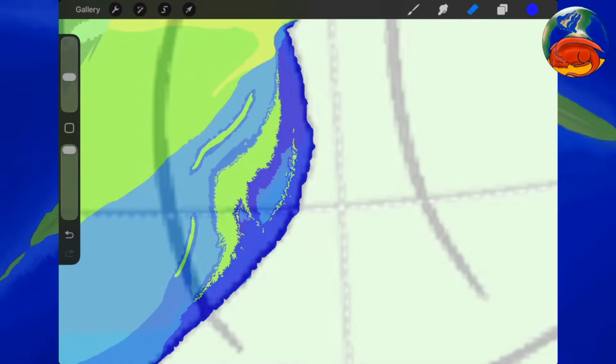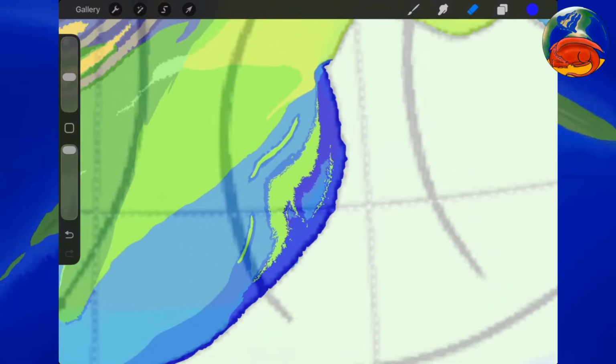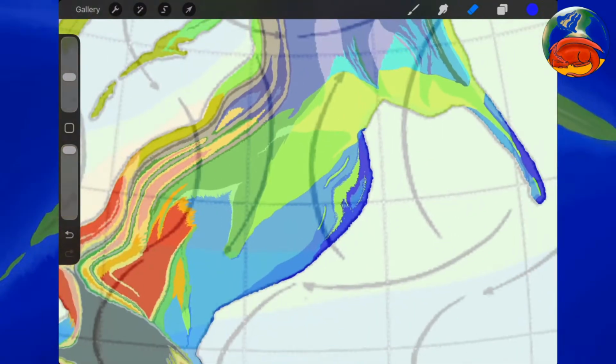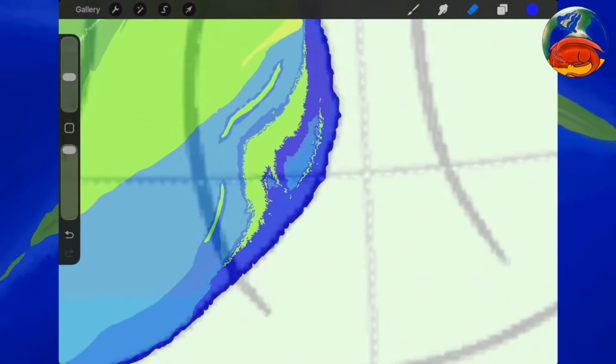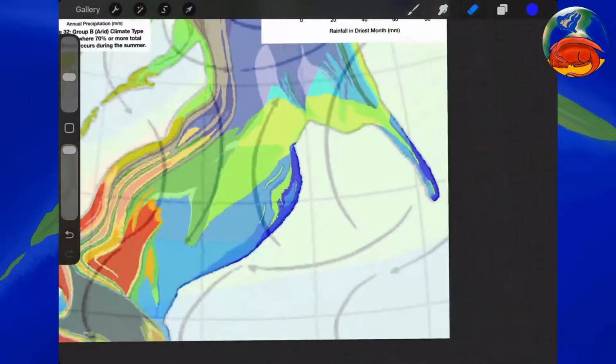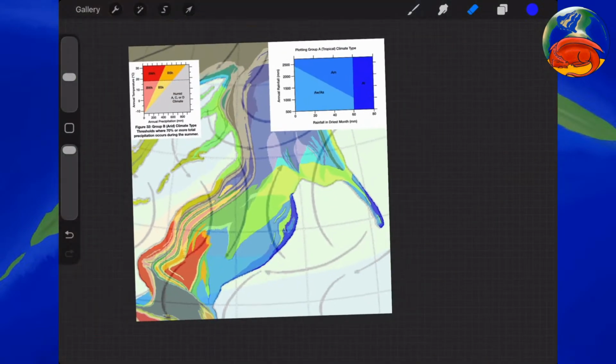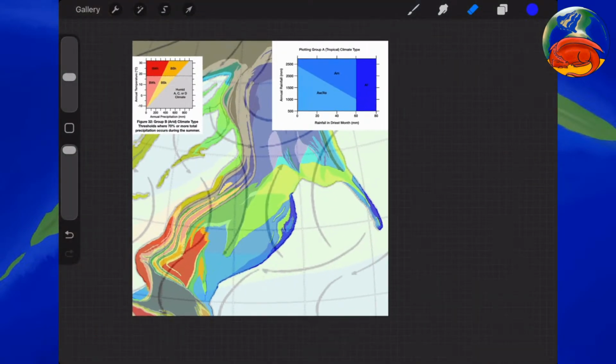I do want to clean up these areas. Yeah, so we'll probably do that for about another hour or so, I suppose. But I am very happy with how this turned out and just the general amount of AF and AM. I think that's looking pretty good.